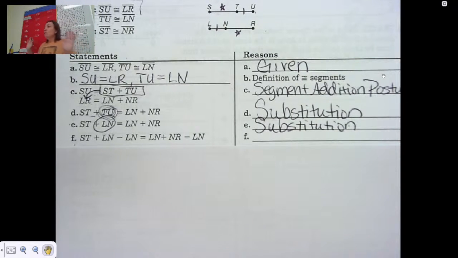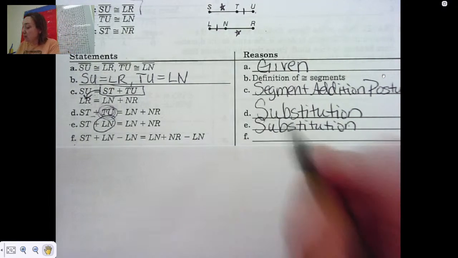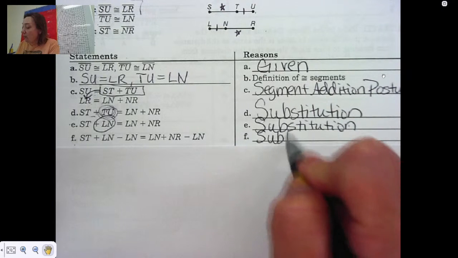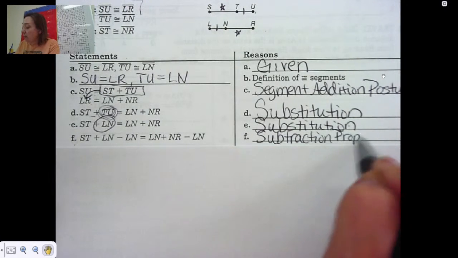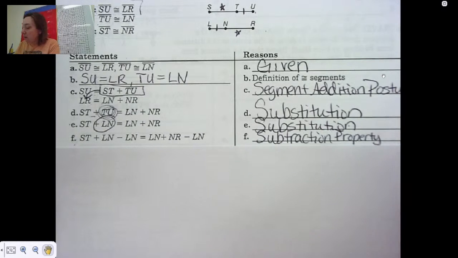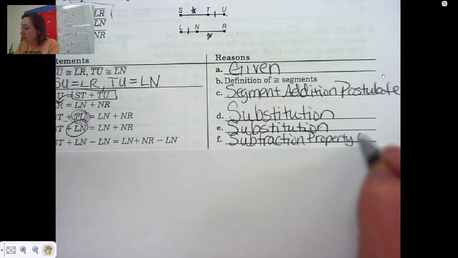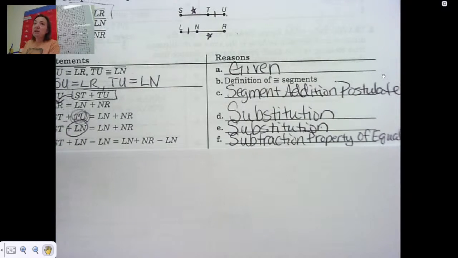If you multiply both sides by something, it's called the multiplication property of equality. Well, what are you doing to both sides here? So it's called the subtraction property of equality, because you're doing it to both sides. Anytime you do something to both sides, you call it the property of equality.